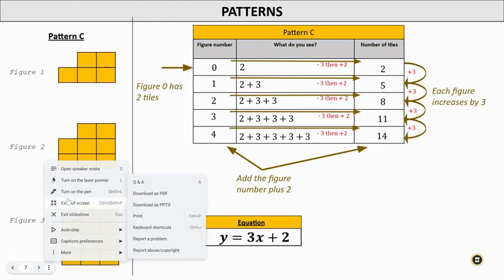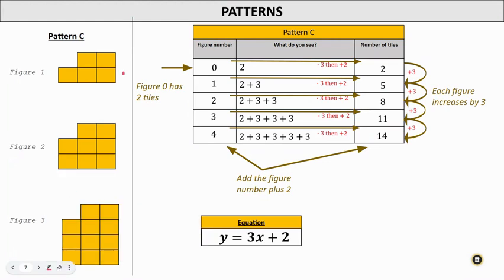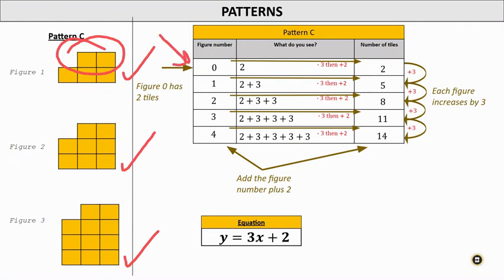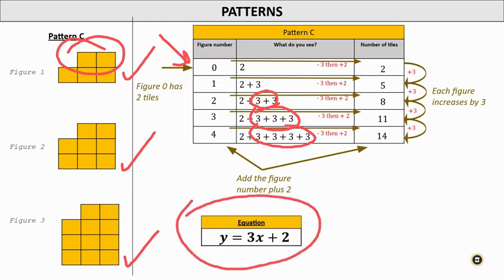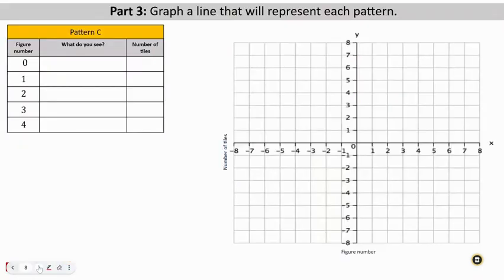You see how here we are adding 3 as well, but the difference is that we start with 2. So my figure number 0 starts with 2 right here. Then 2 plus 3, and then this is 3 times 2, this is 3 times 3, and this is 3 times 4. So this is my equation: we start with 2, and then we're adding blocks of 3.